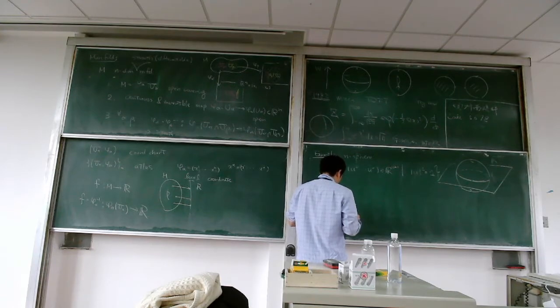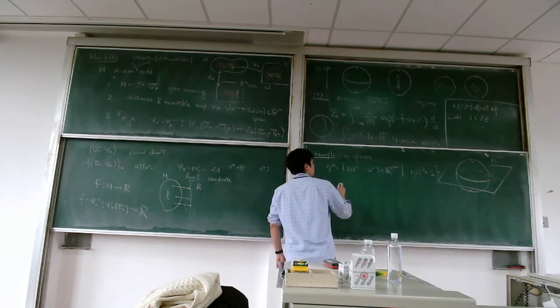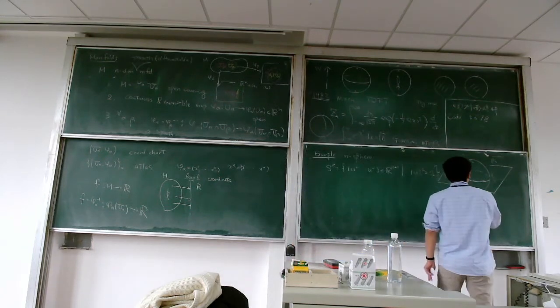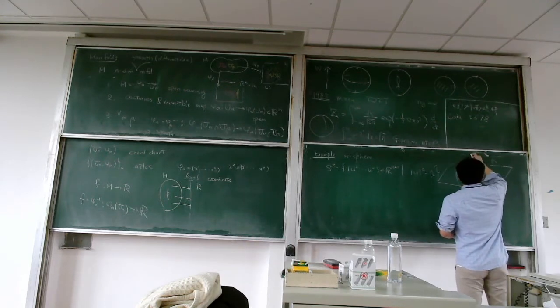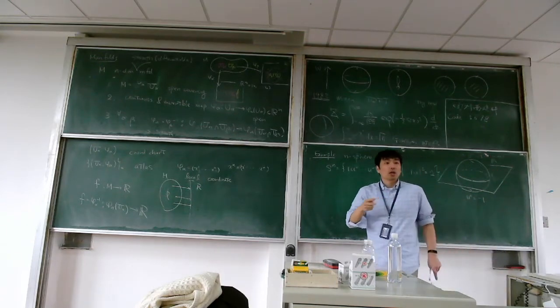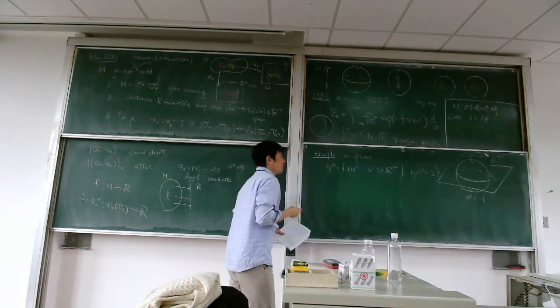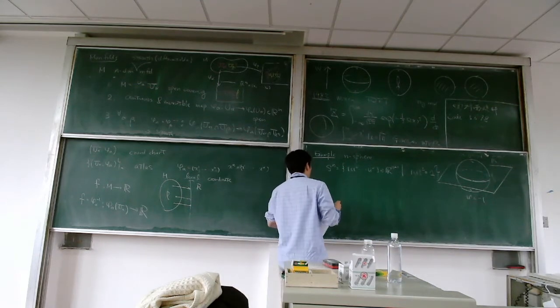Okay, there's a typo in my lecture note. The south pole is u0 equal to -1, and the north pole is u0 equal to +1, and the other entries are 0.